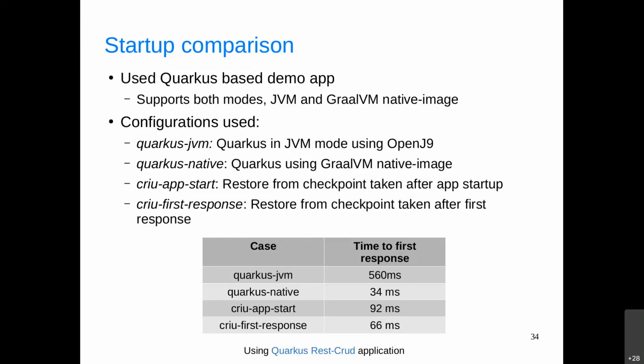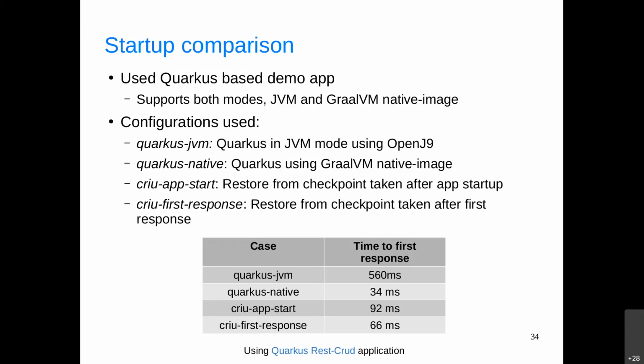The table on this slide shows you the comparison of the numbers in each of these configurations, and it is easy to see that the Quarkus JVM based approach is way behind the other three configurations.